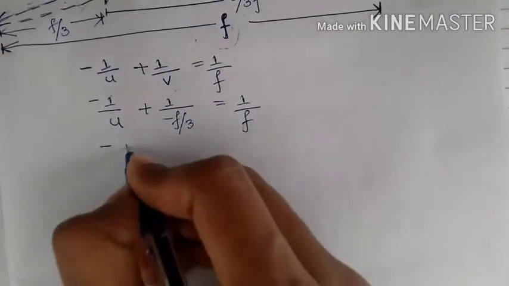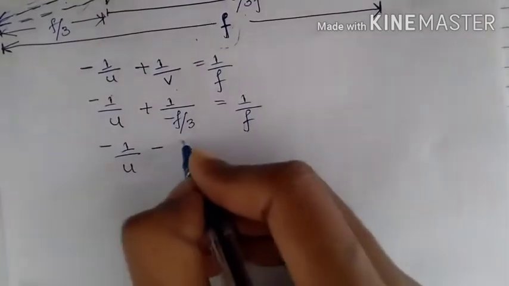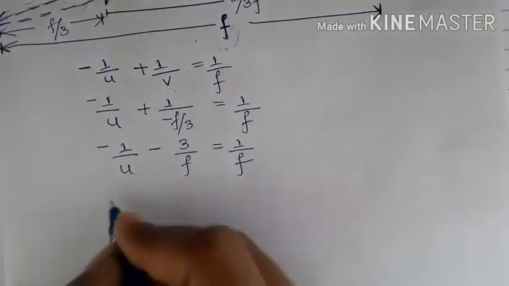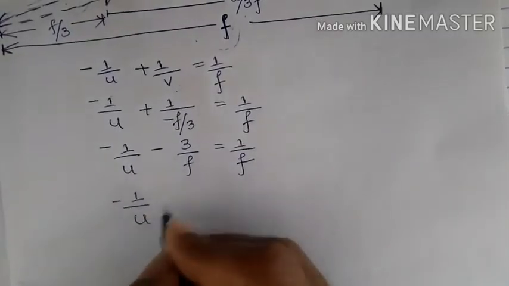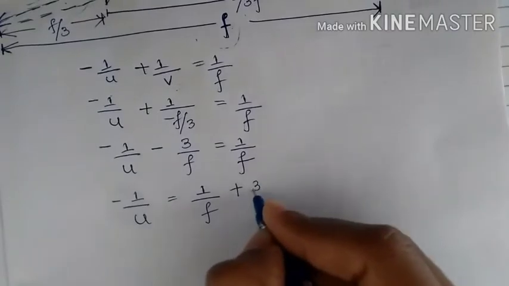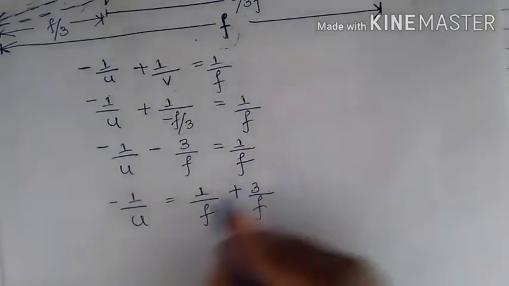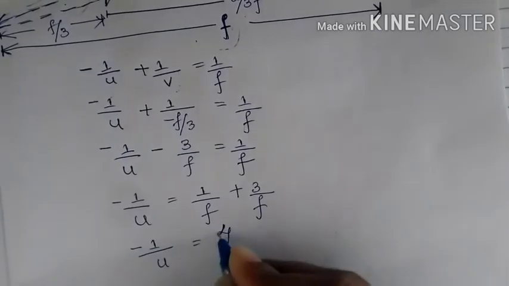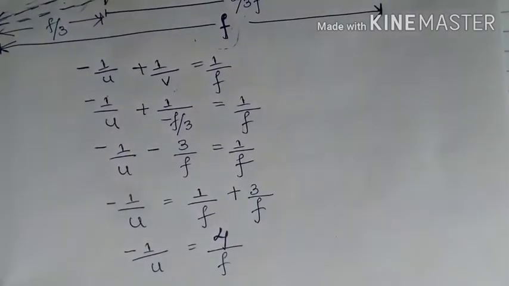So this can be written as 1 by u minus 3 by f is equal to 1 by f, and minus 1 by u is equal to 1 by f, so plus 3 by f. So this will become 4 by f. 1 by u is equal to 4 divided by f.